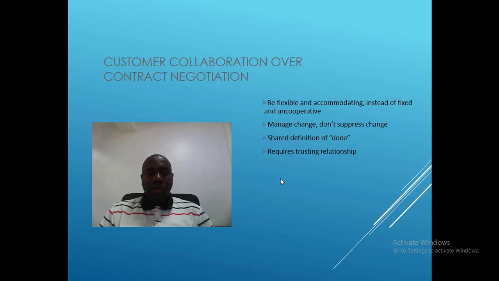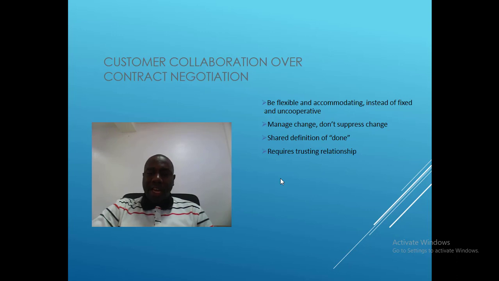Then the third value talks about customer collaboration over contract negotiation. It has to be flexible and accommodating instead of being fixed or uncooperative. There should be a kind of collaboration with the end users. We should be able to manage change as it comes. Don't suppress change.